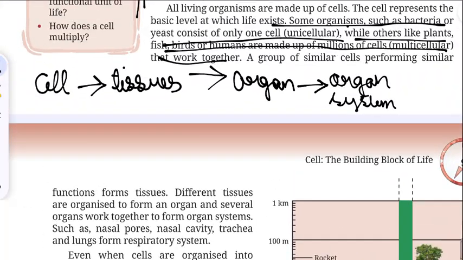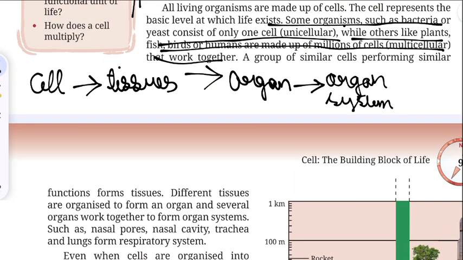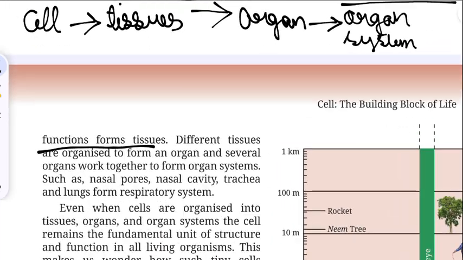Up here, one line is that a group of similar cells performing similar functions form tissues. Means a group of specific cells which perform specific functions are known as tissue. Different tissues are organized to form an organ. See, whatever is written in this para, I explained to you with the help of an example.